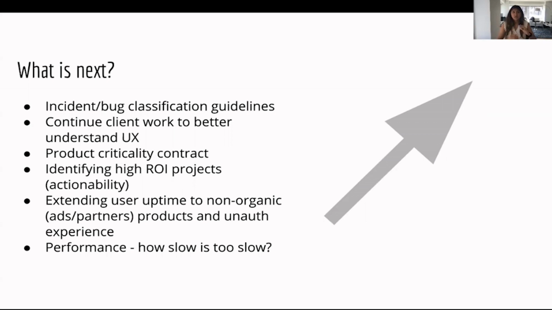Based on that, we were able to draw lines in the sand for where the cutoffs are in amount of downtime for various incident severities. And so we use those guidelines in conjunction with existing guidelines to make sure that we're accounting for user experience in how we triage incidents and with what urgency we address them.